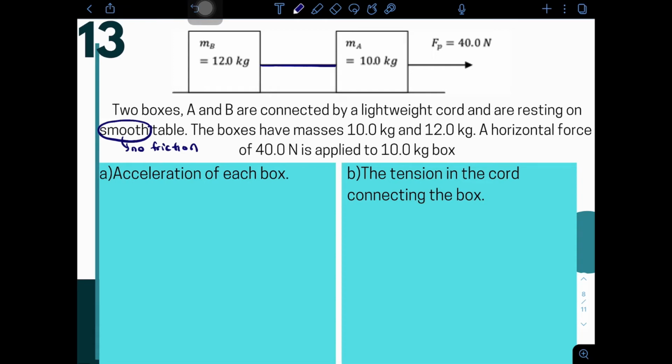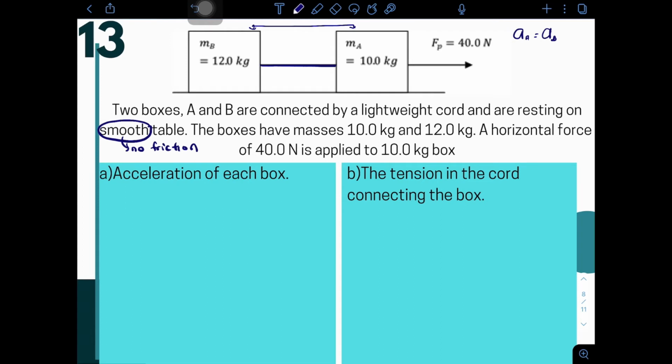A horizontal force of 40 Newtons is applied to the 10 kg box to the right. The question asks for the acceleration of each box. Remember, if two objects are tied to each other, they have the same acceleration. So acceleration A equals acceleration B, because they are tied together.